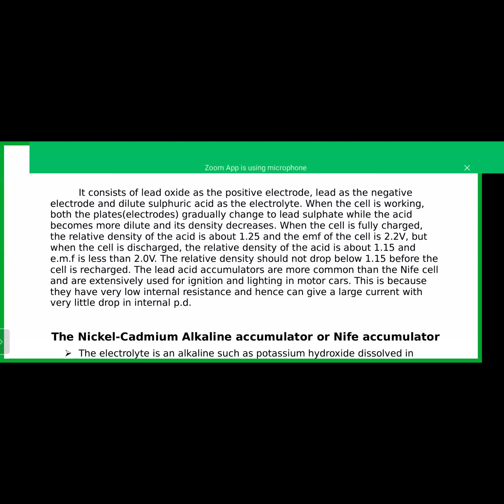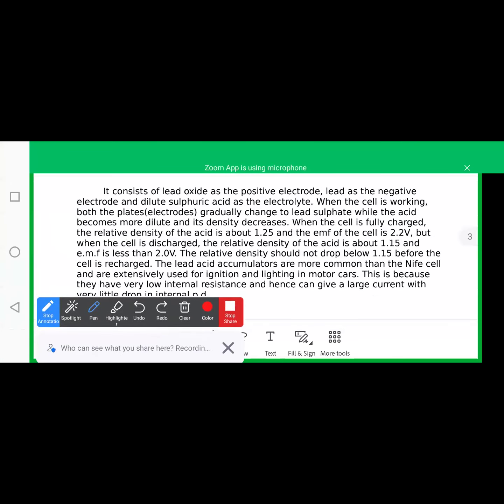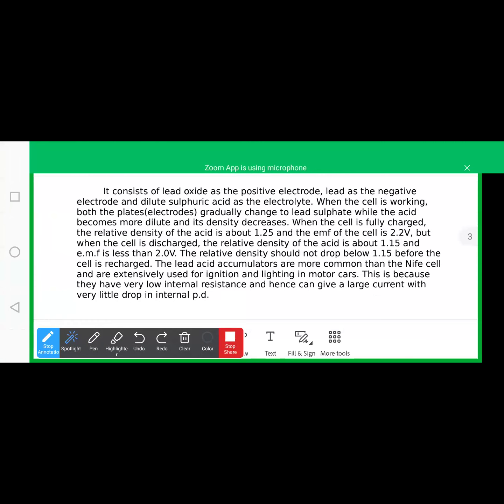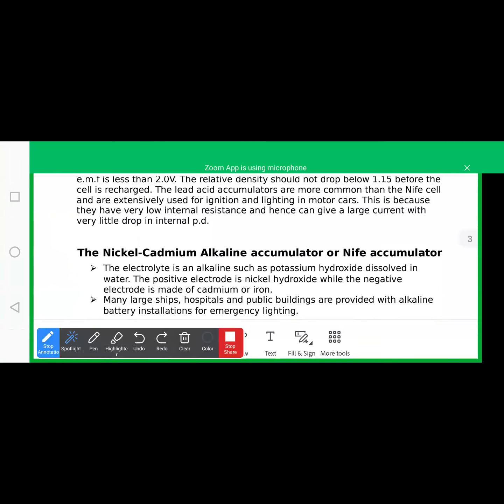Any other person? What can you say about the knife accumulator? Another name is the nickel cadmium alkaline accumulator.